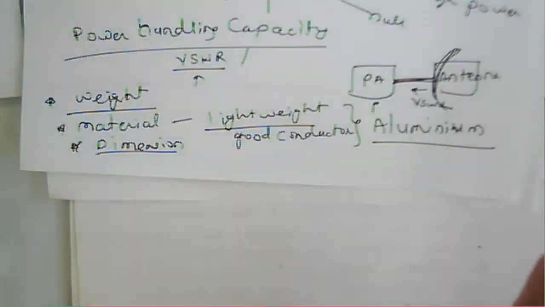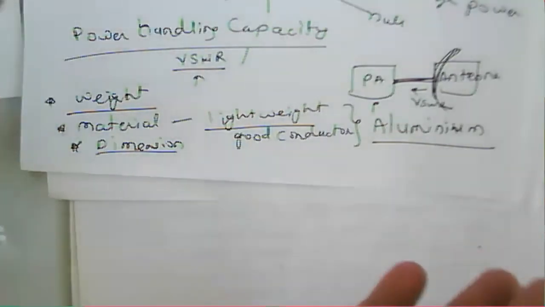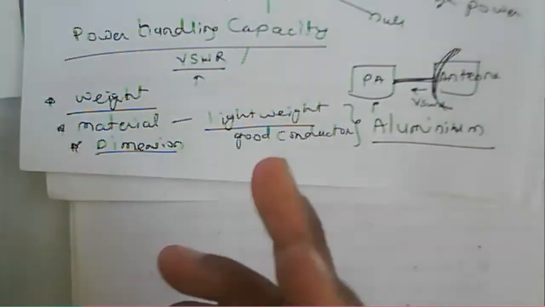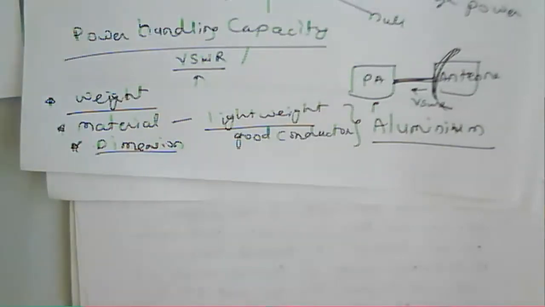So when we consider a satellite to be launched, through a spacecraft, in that case the dimensions of that antenna will not create a problem for the launching of the satellite there.